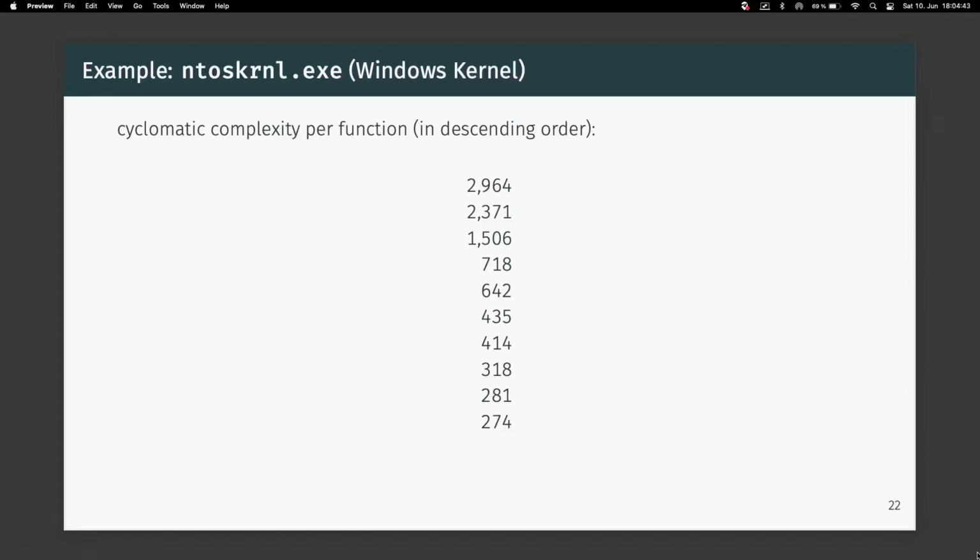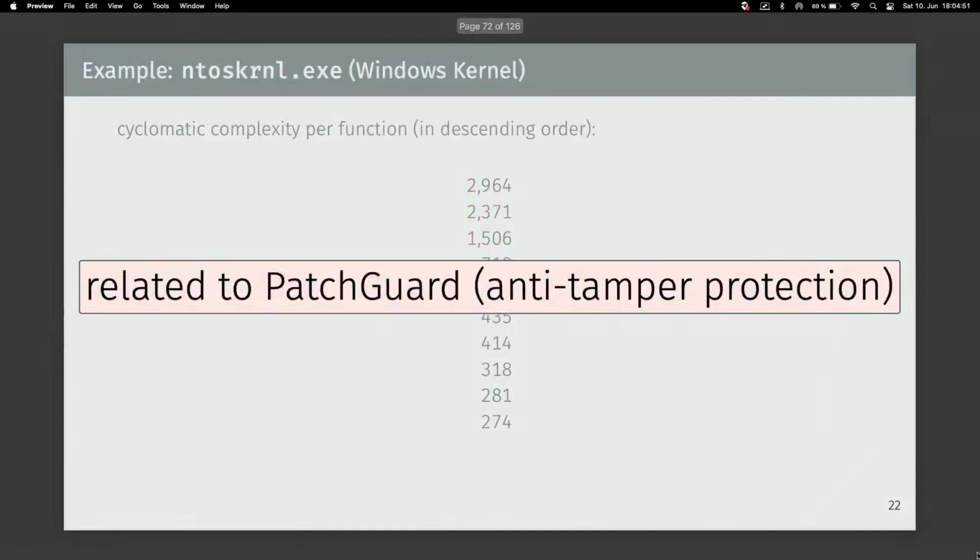If we start analyzing these functions, it turns out that the first 3 belong to something known as PatchGuard. PatchGuard is the anti-tamper protection inside of the Windows kernel, which is heavily obfuscated. I don't really know what the other functions do, but at least seeing the first functions might be interesting enough.